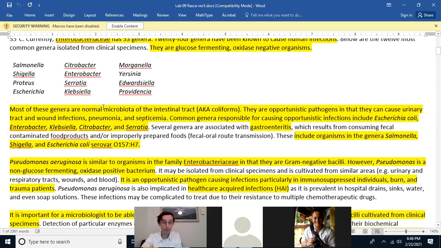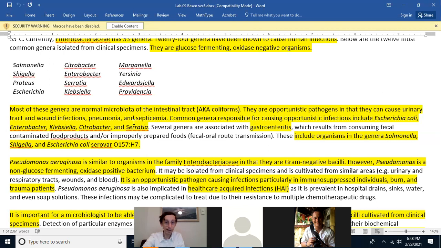They are opportunistic pathogens in that they cause urinary tract and wound infections, pneumonia, and septicemia, and possibly more. Common genera responsible for opportunistic infections include E. coli, Enterobacter, Klebsiella, Citrobacter, Serratia.